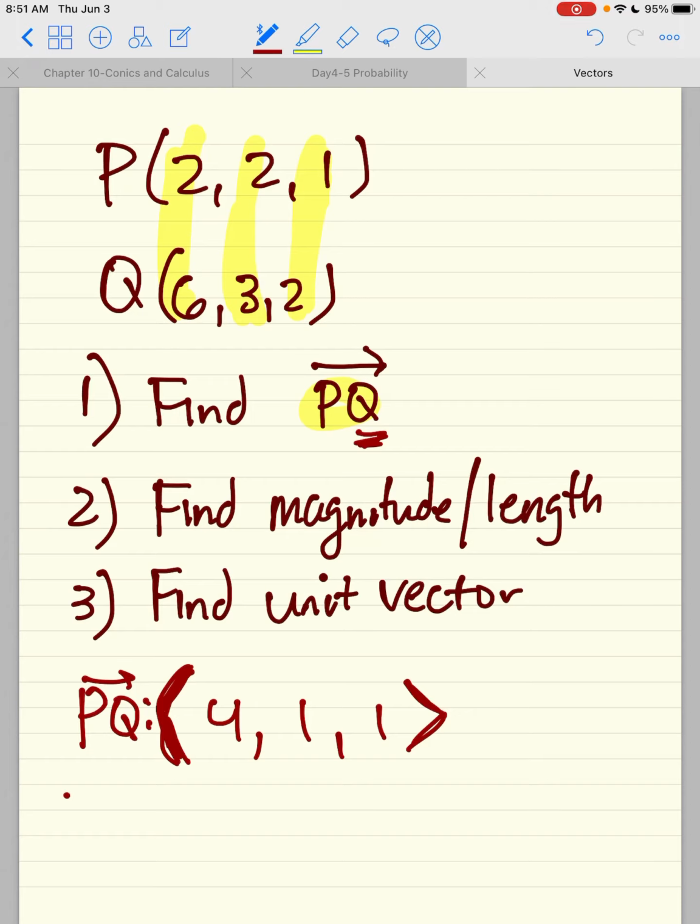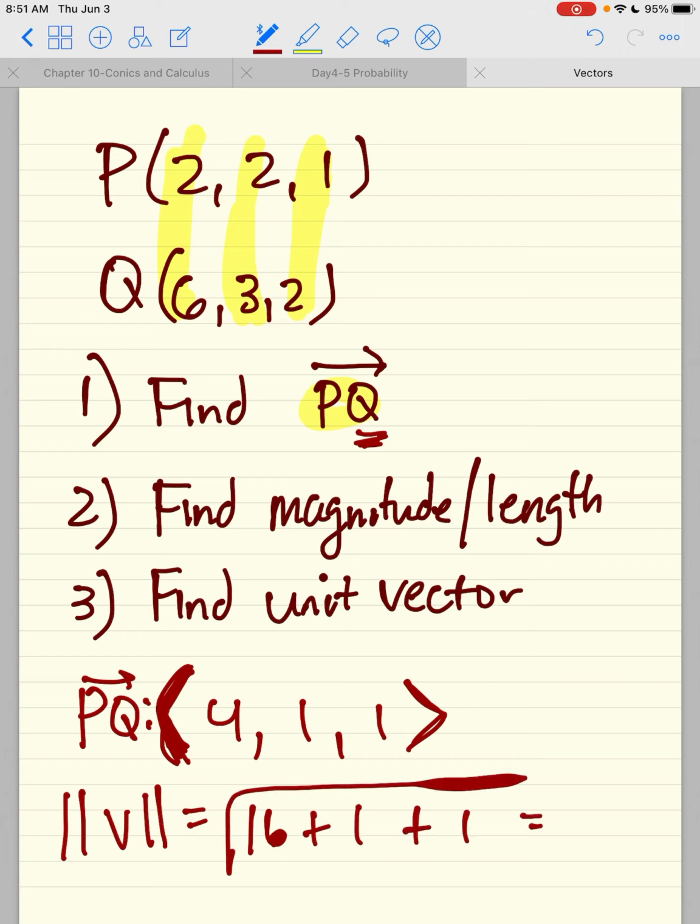In order to find the unit vector, I'm going to call this vector V. I'm going to need to find the magnitude first. Well, instead of doing a squared plus b squared equals c squared, now you can just do a squared plus b squared plus c squared equals d squared. Whatever you wish.